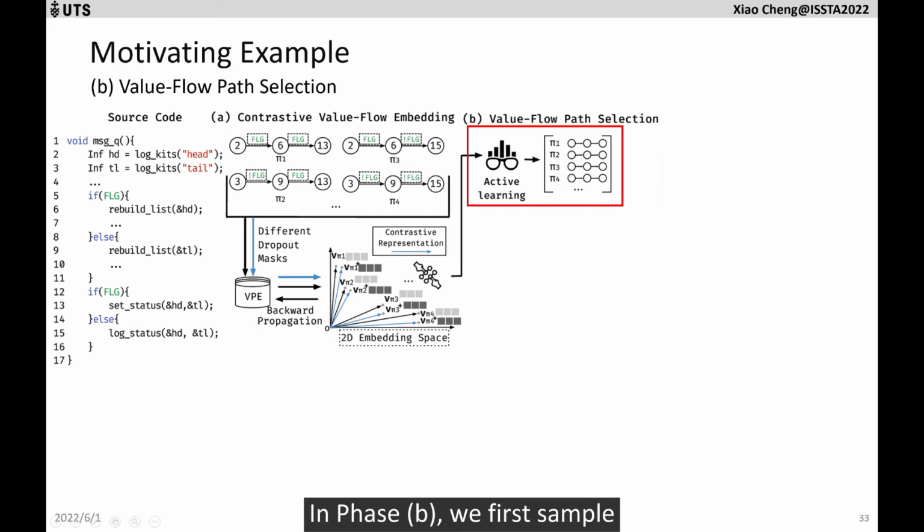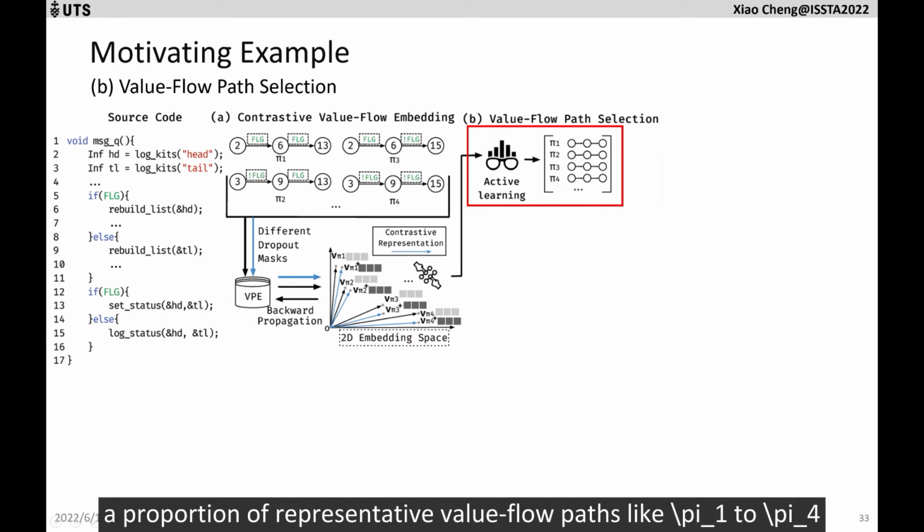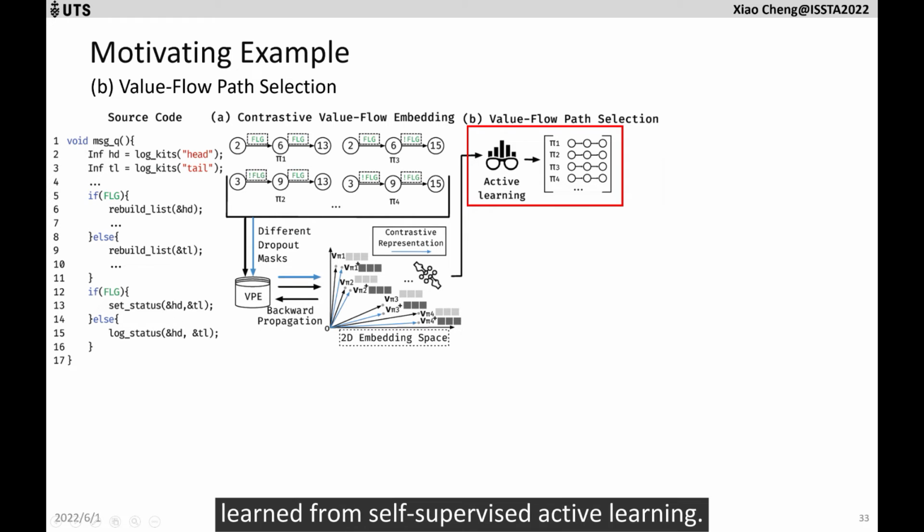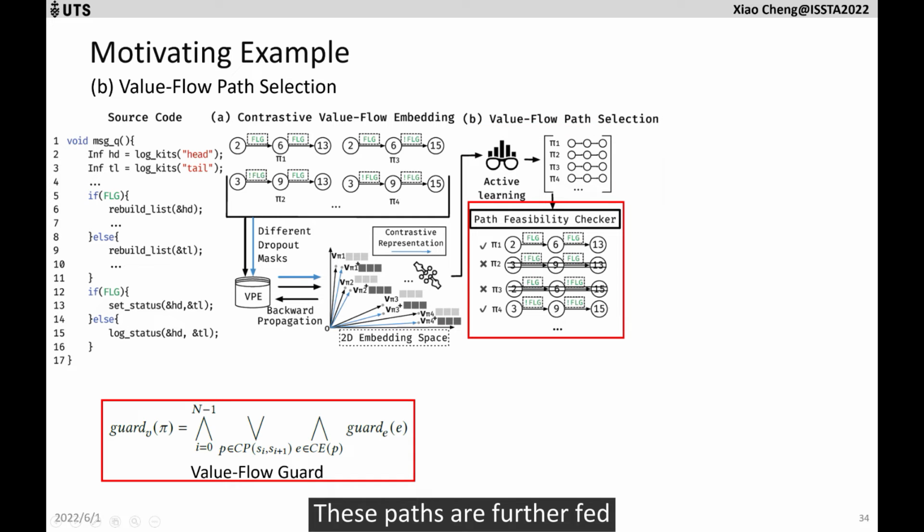In phase B, we first sample a proportion of representative value flow paths, like pi1 to pi4, according to the rankings learned from self-supervised active learning. These paths are further fed into the path feasibility checking to remove infeasible value flow paths based on the value flow conditions.